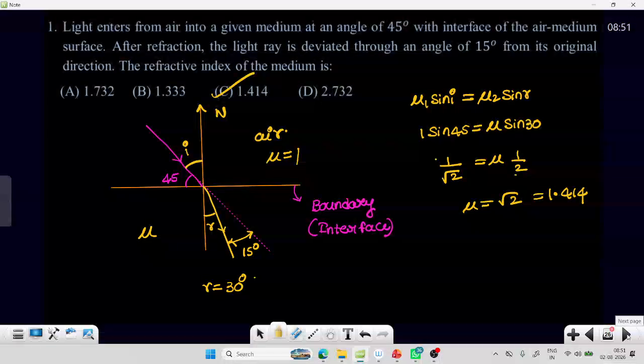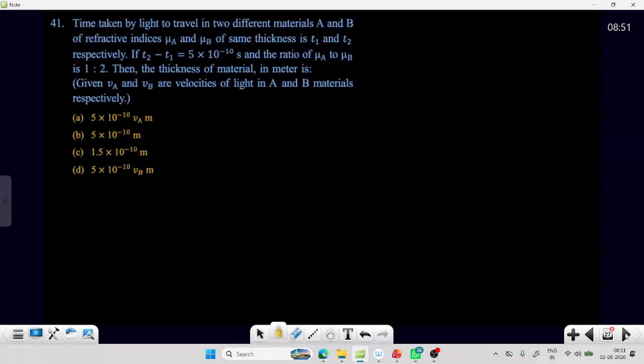Next problem. Next. Take this one. The time taken by light to travel through different materials A and B, of refractive index mu A and mu B and of the same thickness, is T1 and T2 respectively.